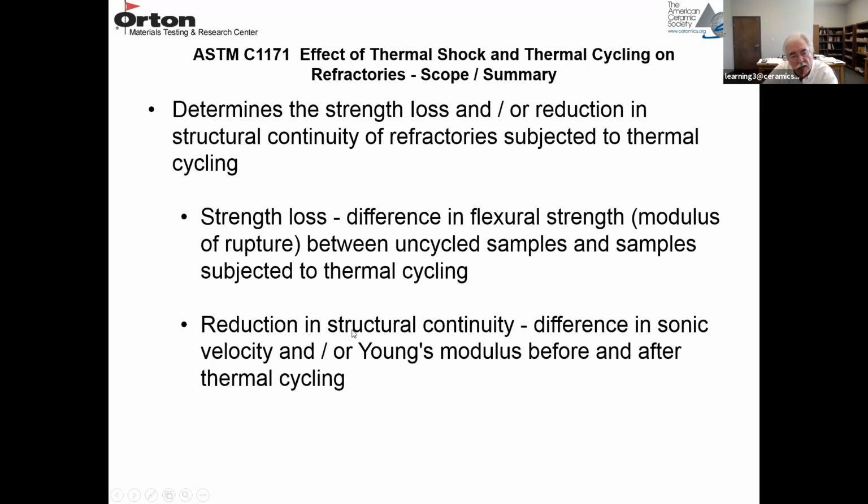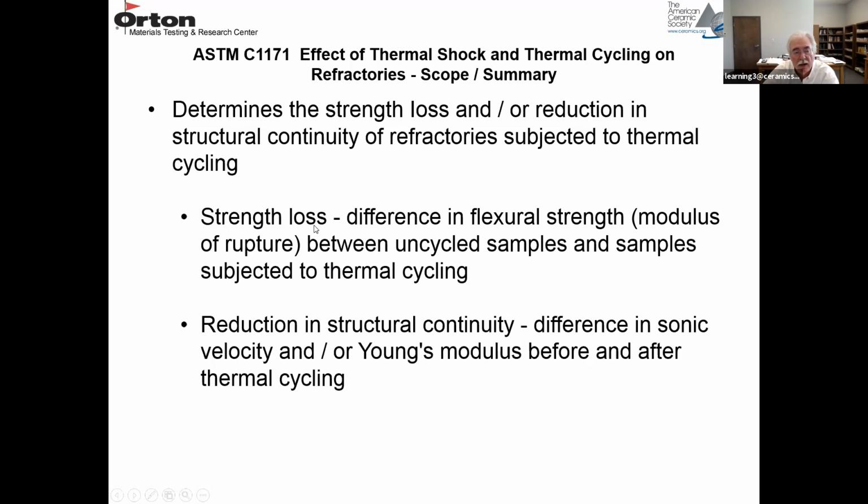And you can measure the reduction in structural continuity. We talked about a sonic velocity measurement. We talked about a Young's modulus measurement. And we described the equipment and experiments needed to make these measurements. So you can measure the before and after sonic velocity or the before and after Young's modulus, before and after thermal cycling. So when you thermally shock a material, the cracks grow, they become bigger cracks, you'll have a strength loss.